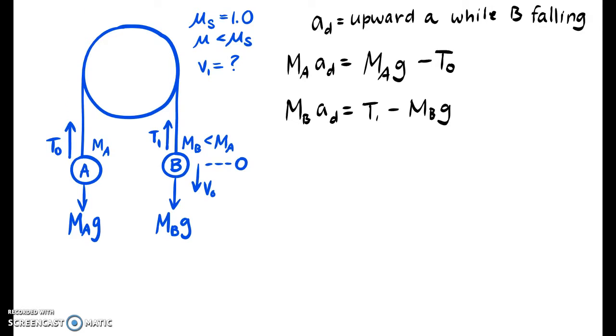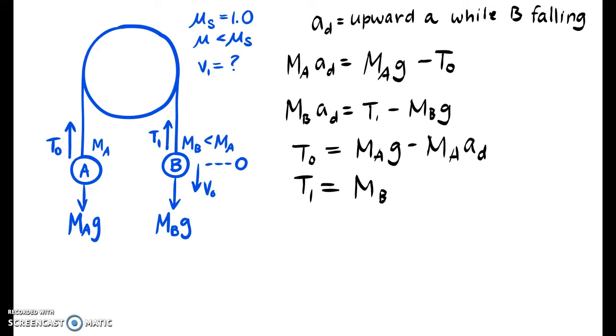Now, when we're solving for T0 and T1, we find that T0 is equal to ma times g minus ma times ad, and T1 is equal to mb times ad plus mb times g.